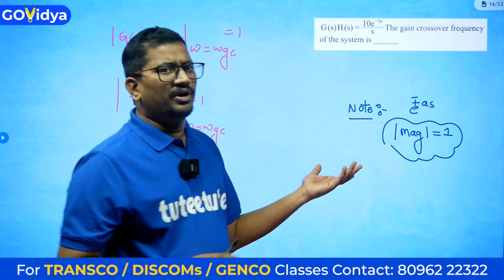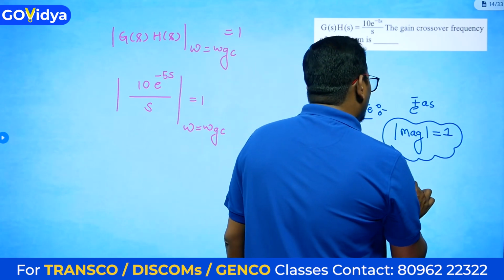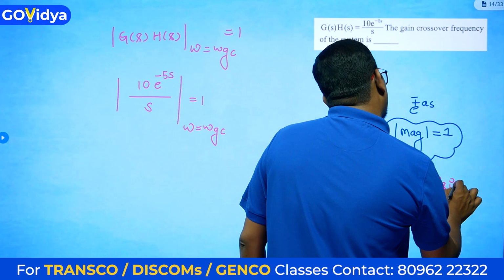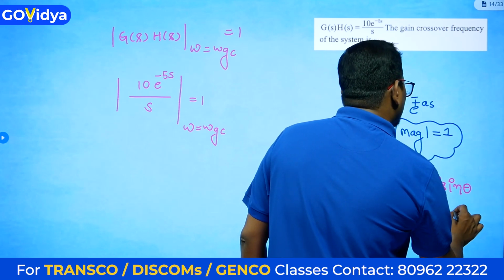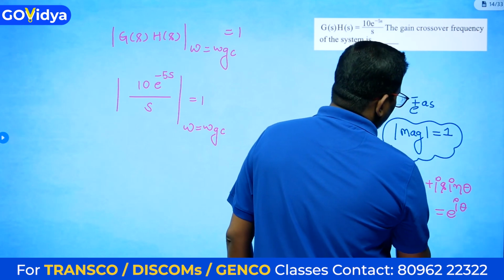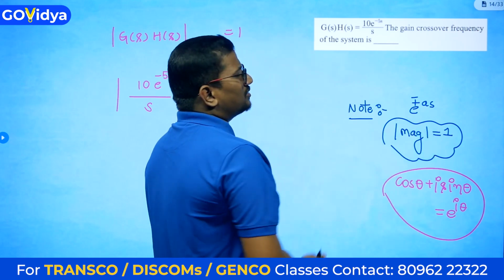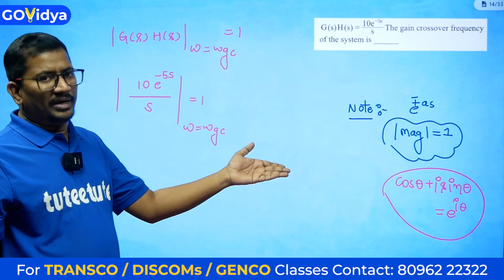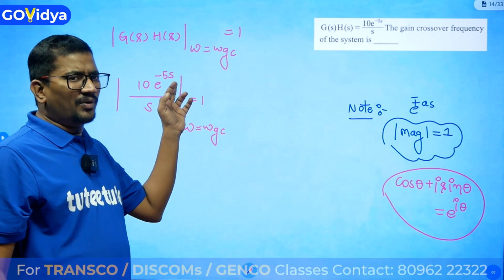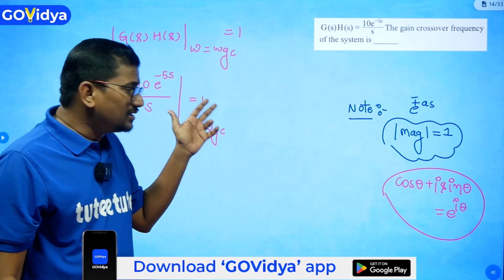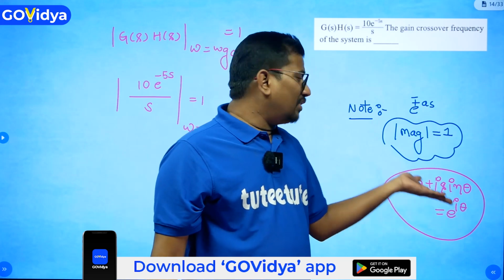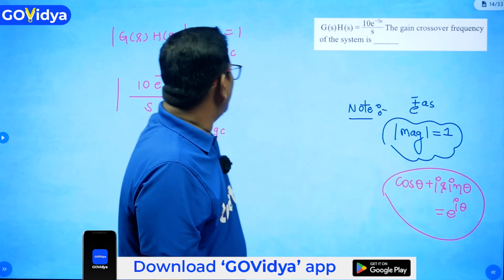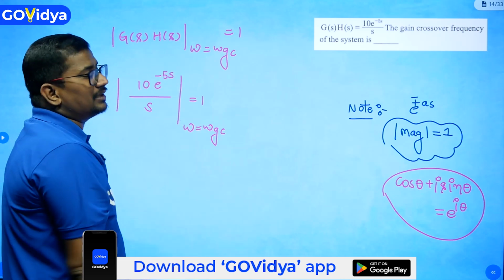Because you know that exponential term can be written like cos theta plus i sin theta, Euler's formula, which is nothing but e power i theta. Similarly, we put s equal to j omega, same format. It looks like e power i theta, in place of theta omega is there. So cos theta plus i sin theta. What is the magnitude of this? Cos square theta plus sin square theta. Its value is 1. So always exponential term value will be unity.